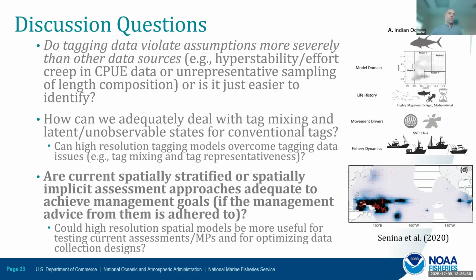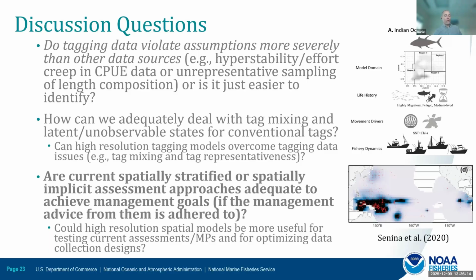I didn't present on this, but what we found is that doing a single panmictic assessment across the entire Indian Ocean for the yellowfin tuna versus breaking it into 4 regions and doing spatial assessment with movement or without, however the analyst groups structured it, didn't necessarily lead to more accurate, less biased results either way.